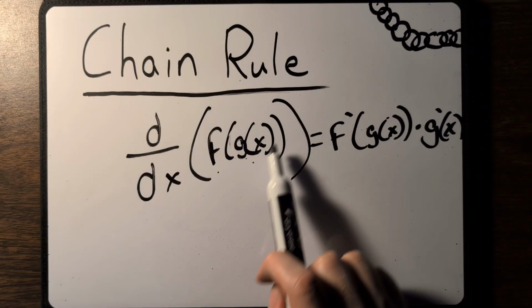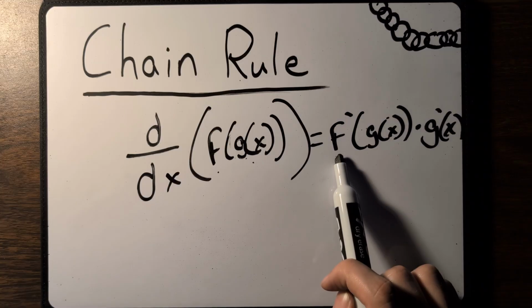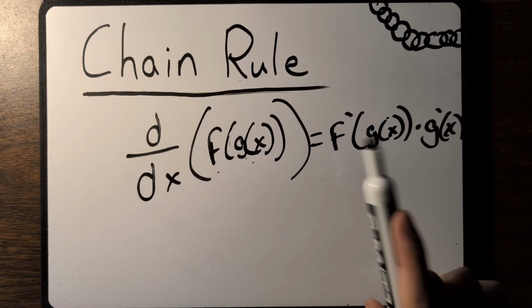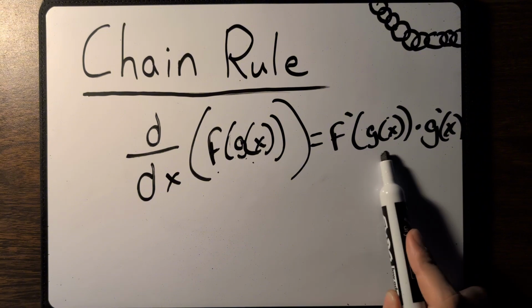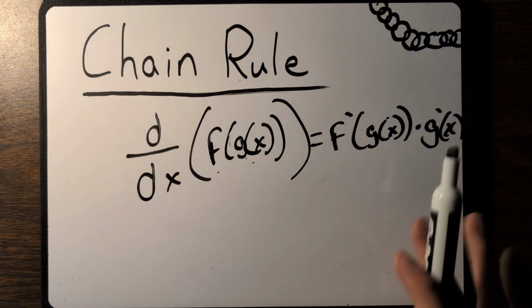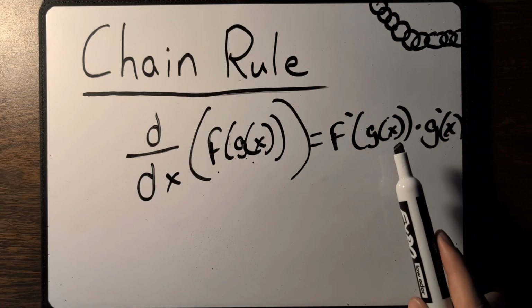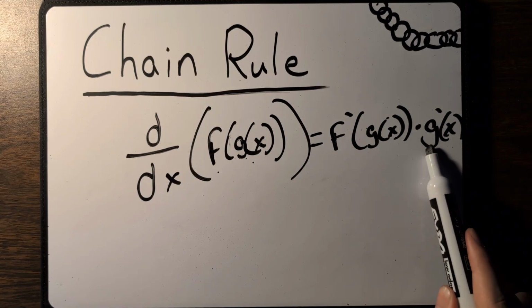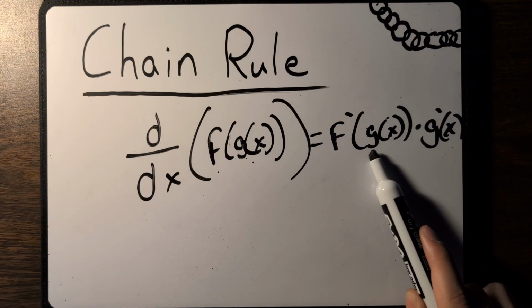So when we take the derivative of this, normally we would just take the derivative, right? F of x. So in chain rule, we pretend that g of x is just x. We just leave it alone, take the derivative, plug g of x in, then we go back and multiply by the derivative of g of x, our inside function.